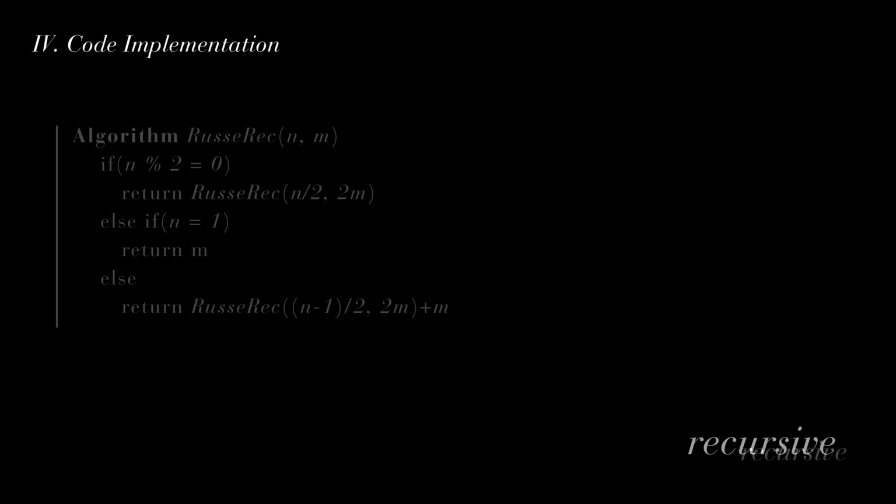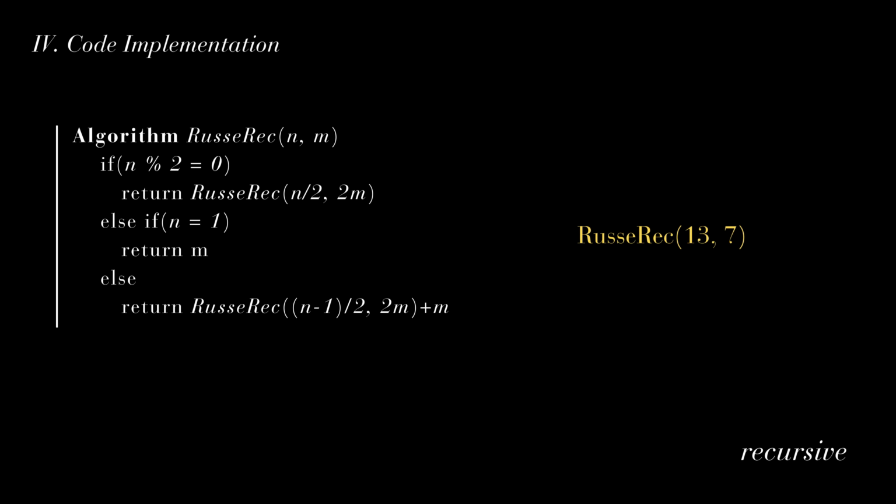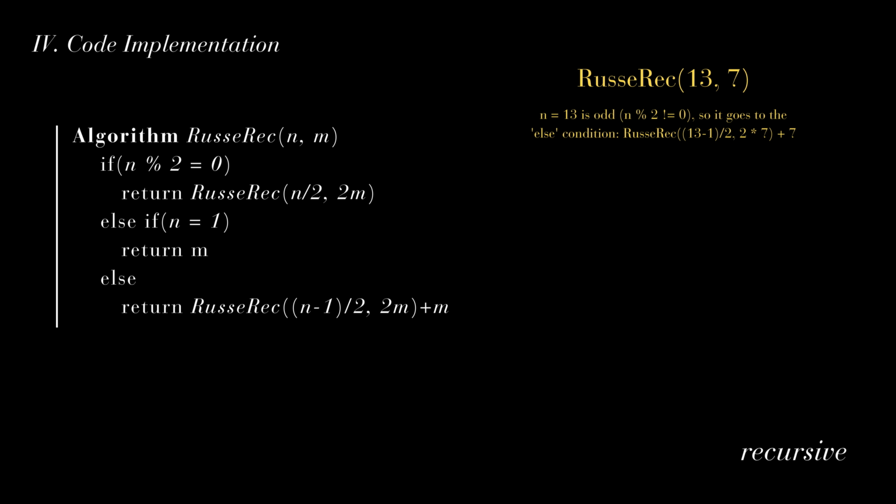Right. Now let's dive into the recursive type of this algorithm. Let's consider calling the function with the parameters n and m. For instance, when we put 13 and 7, the algorithm will start by checking if n is odd or even. In this case, 13 is odd.